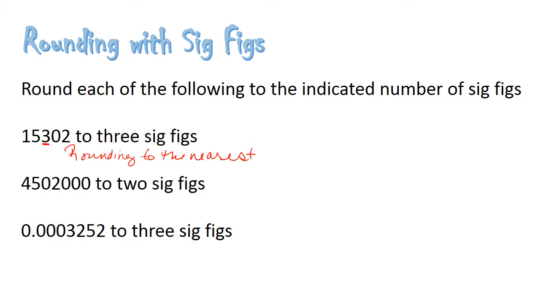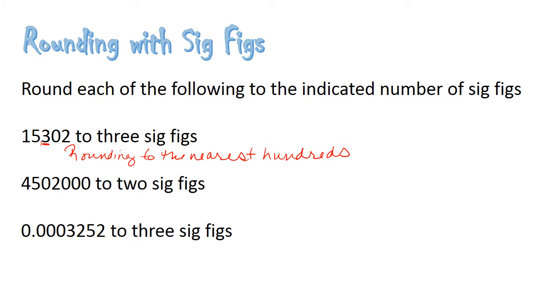So we need to round to the nearest hundreds, because you can't change the actual value of this number. This number is approximately 15,000, and when you round to 3 significant figures, it still needs to be 15,000.